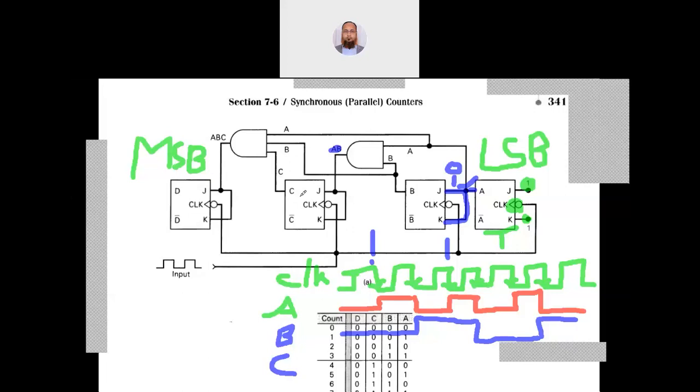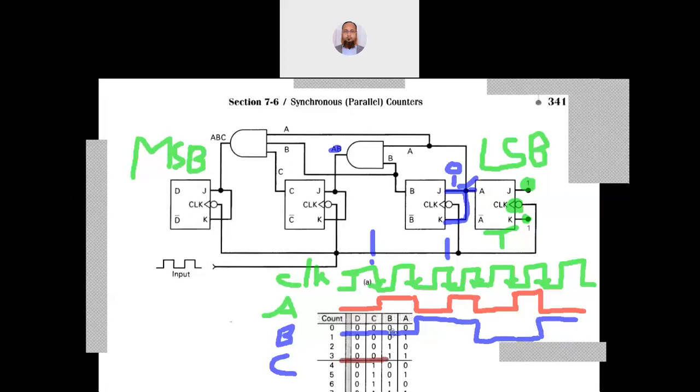So if I draw C, what will happen? A and B are initially 0, and the clock is 0.